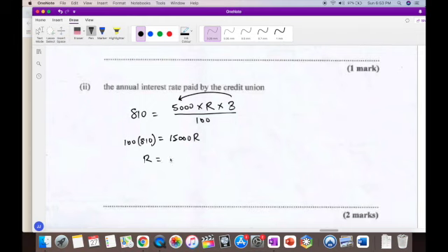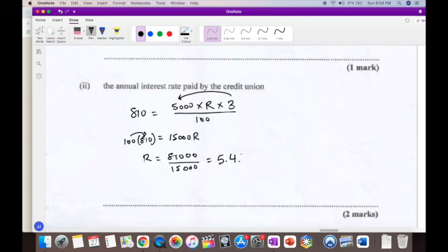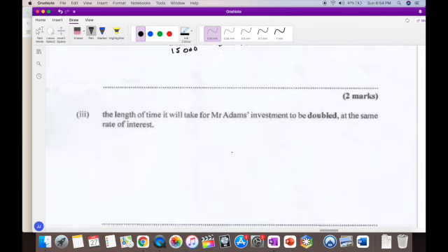So R is equal to 81,000 divided by the 15,000, and that will give us 5.4. So the rate is 5.4%.